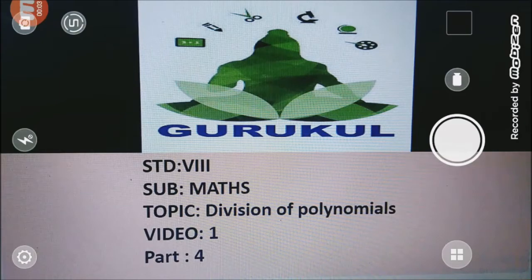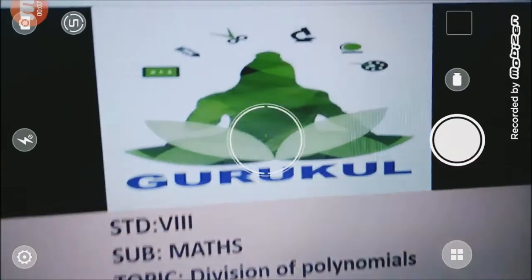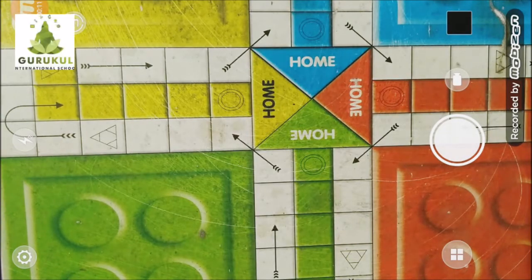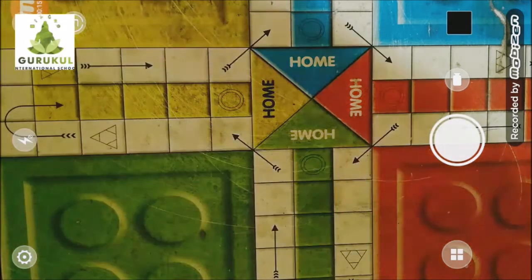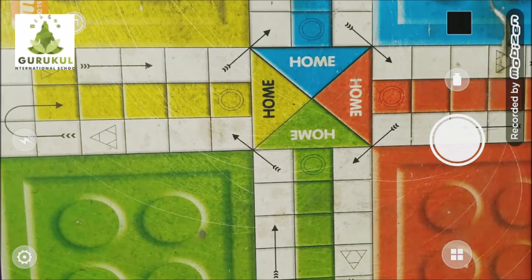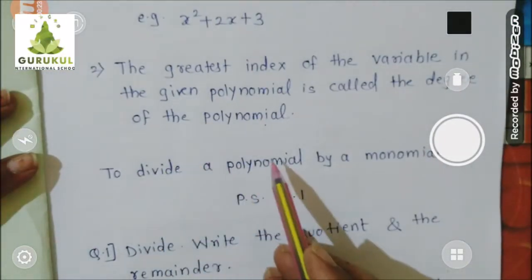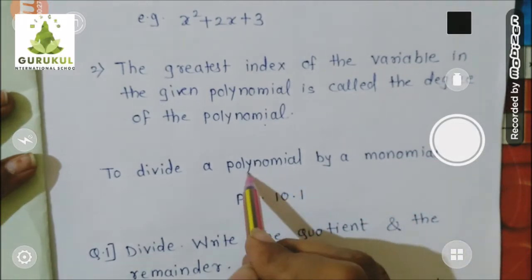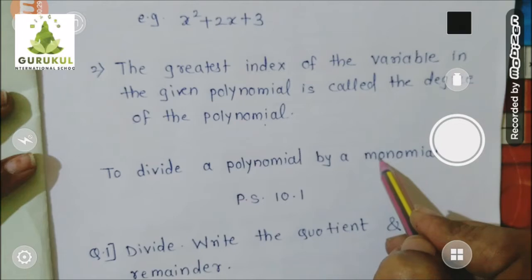Good morning, children. In this lesson, we are going to learn how to divide a polynomial by a monomial and then by a binomial. First we will concentrate on how to divide a polynomial by a monomial, meaning by a single term.